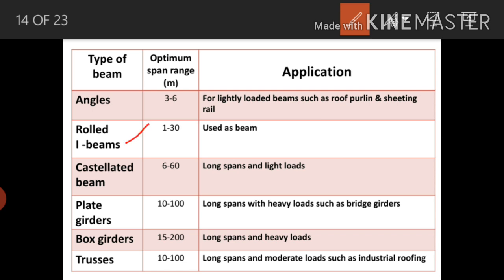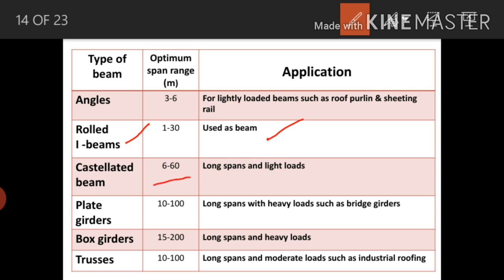Second is the rolled I-beam, generally used for a span range between 1 to 30 meter.